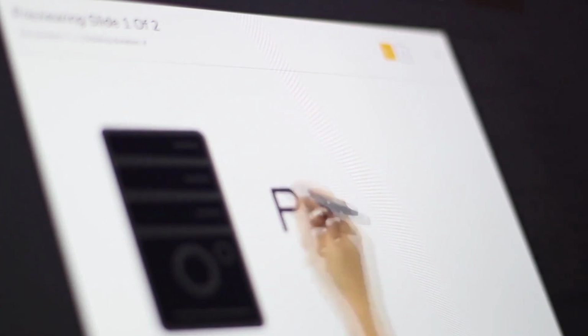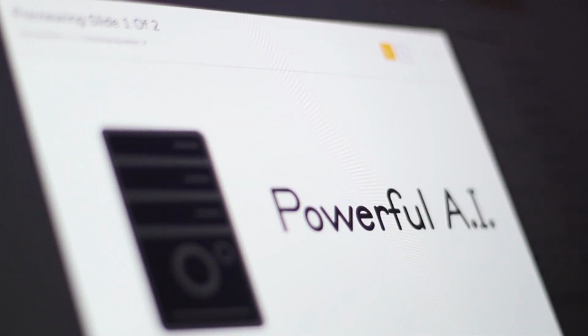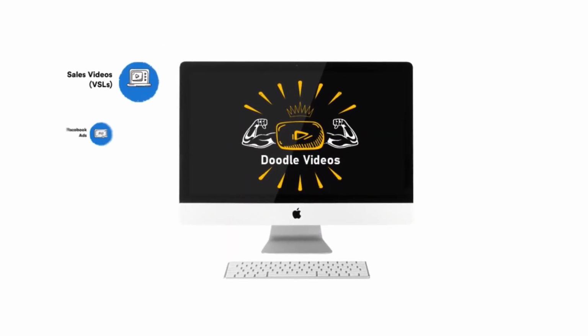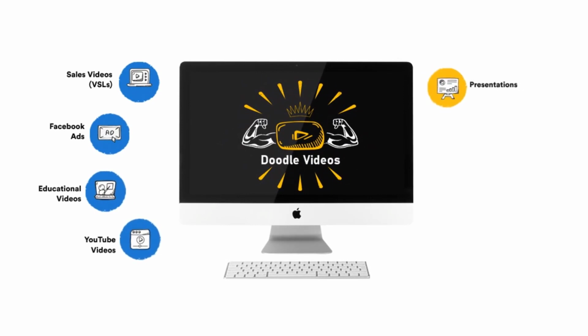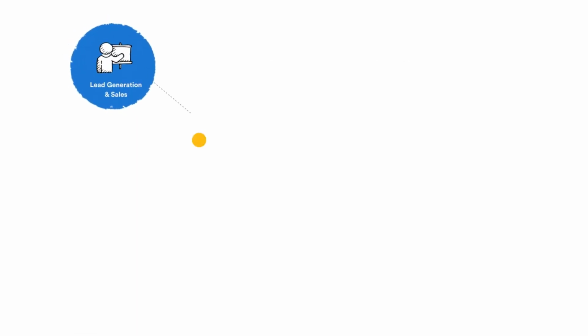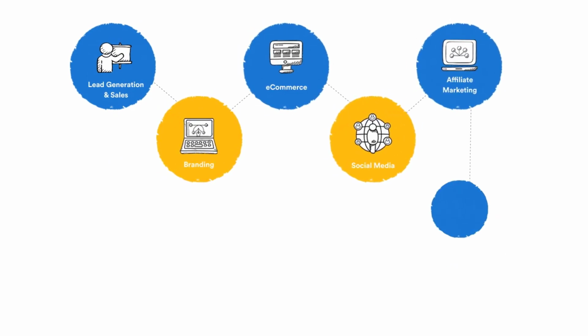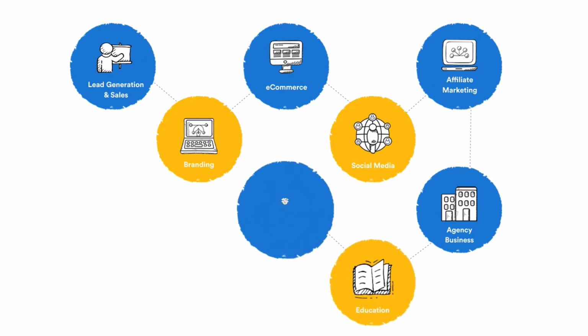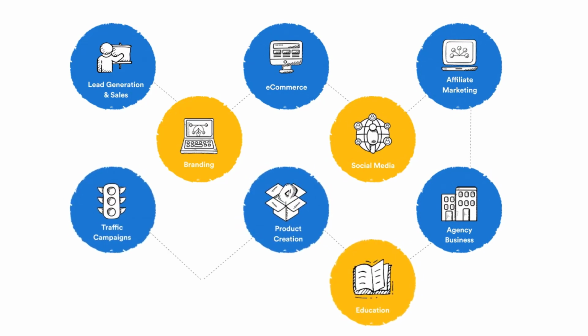Create videos for all marketing needs, including video sales letters, video ads, educational videos, presentations, logo openers, and more. Use this to produce dynamic and engaging doodle videos for lead generation, e-commerce, branding, traffic campaigns, product creation, social media, affiliate marketing, and any other goal.